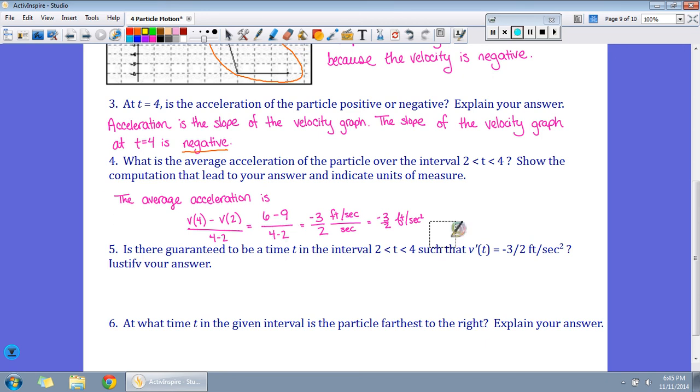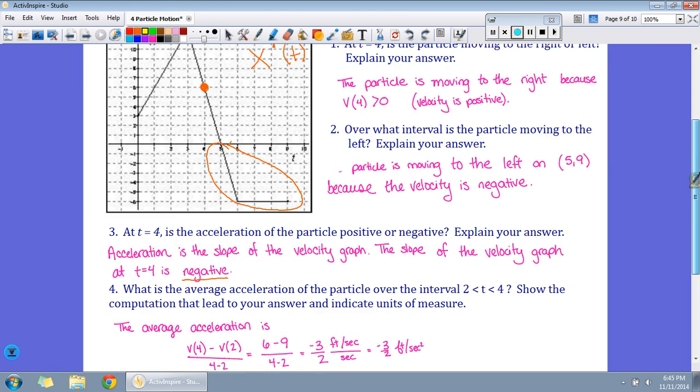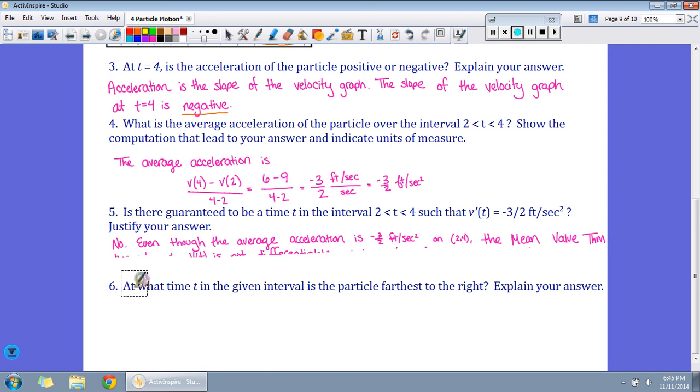We've just shown that the average acceleration is negative 3/2, but the mean value theorem does not apply because at 3 we have a sharp corner. v of t is not differentiable. So no, even though the average acceleration is negative 3/2 feet per second squared on the interval, the mean value theorem does not apply. v of t is not differentiable at t equals 3.